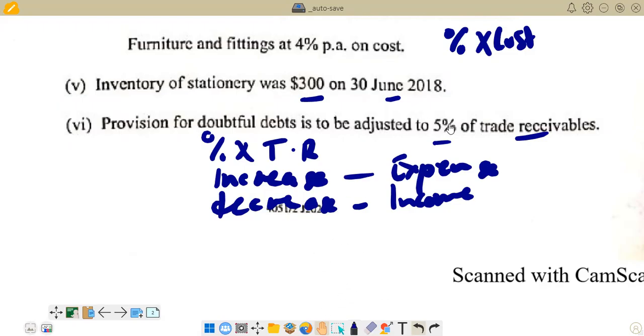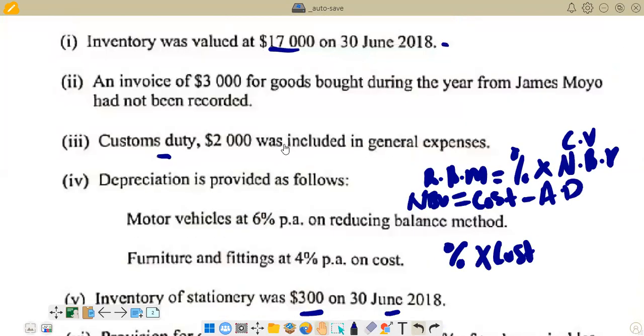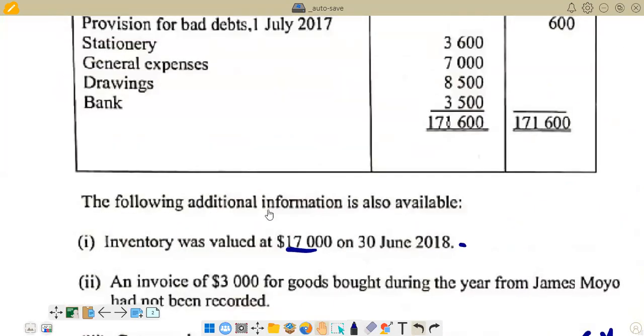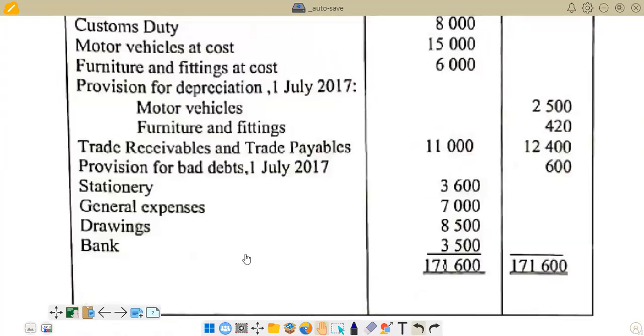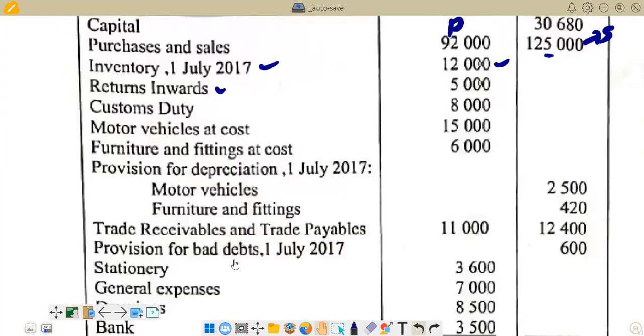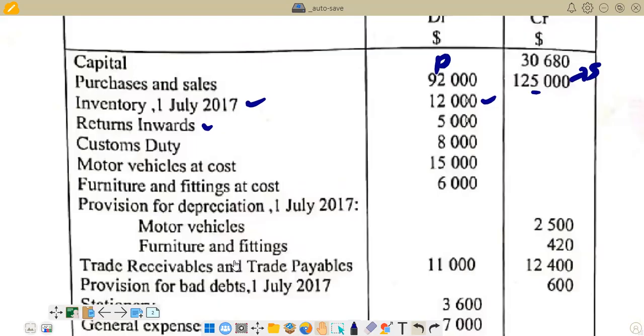So we have 5% as our rate. Then we check the balance of trade receivables in the list of balances. Trade receivables, we are seeing that the figure for trade receivables is here. Same line with trade payables, but trade receivables is an asset, so it comes on the debit. So 11,000 is the figure that we have for trade receivables.